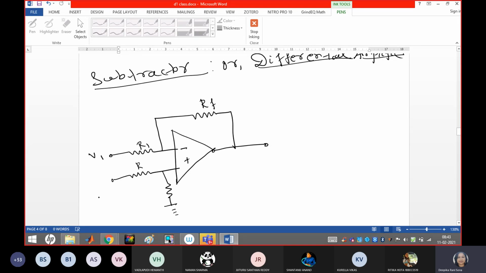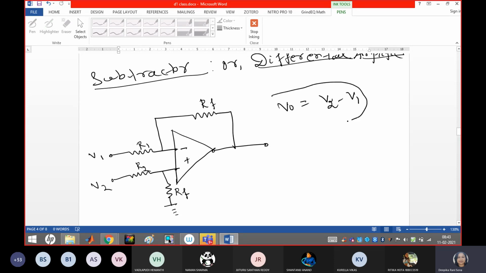So it is V2. This is suppose R2. This is R3. To make the solution simple, this is actually the compensating resistor we have to connect. So this may not be R3. Let's label this as RF. Okay, guys, the desired V0 equation will become V2 minus V1.